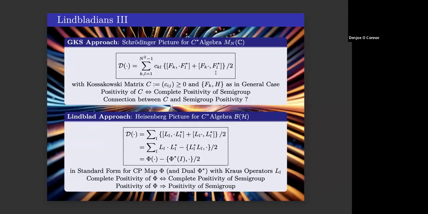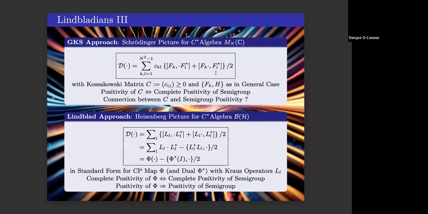So again, there's a bijection. And again, for positivity only, it's much more contrived because there's only one implication. The positivity of this map is sufficient for the positivity of the semigroup, but it's not necessary. Whereas for complete positivity, you get sufficient and necessary conditions.